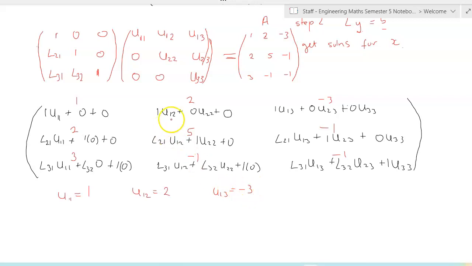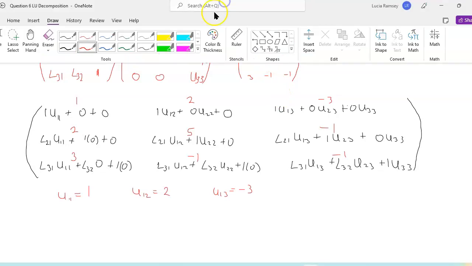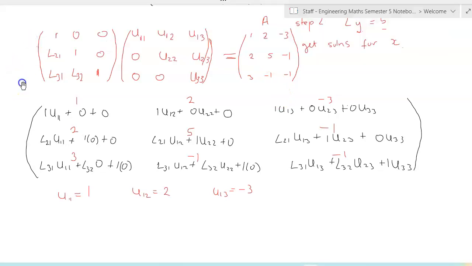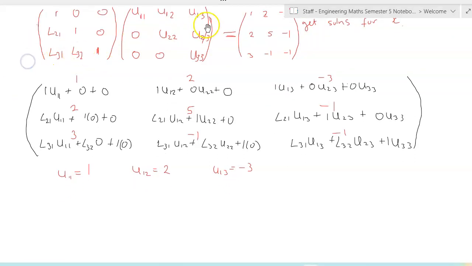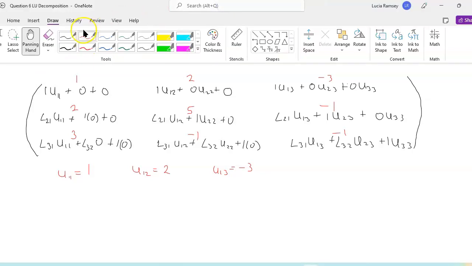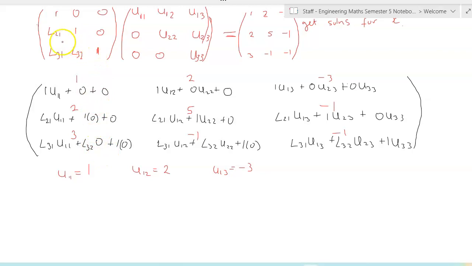Right, so that's the first row sorted. Then we go to the second row. If you look at the second row, L21 times U11 plus nothing must equal 2.